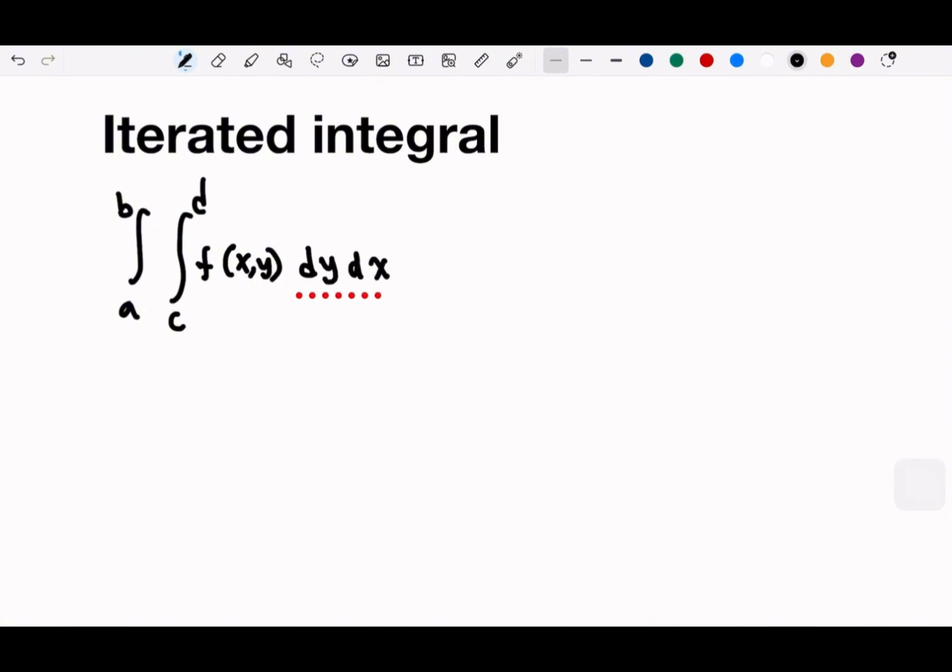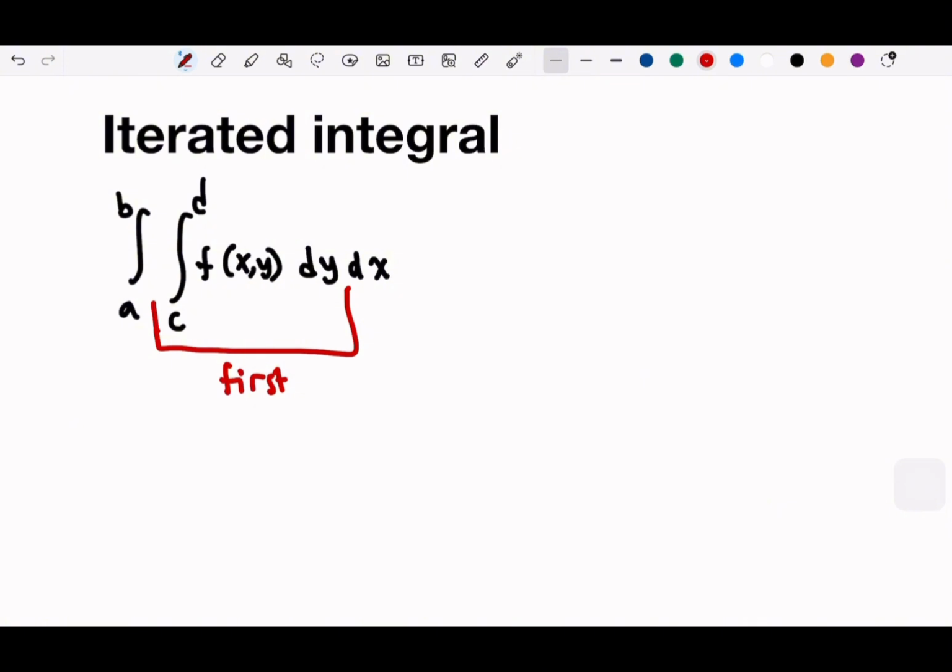By default, when we have this double integral, we are going to solve the inside first. So this is the first. This means we integrate f with respect to dy.